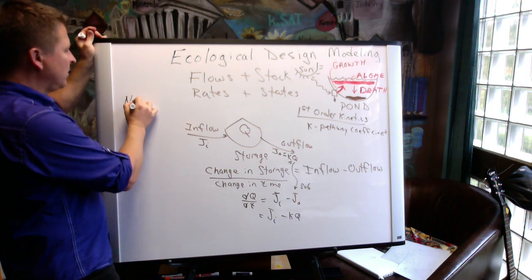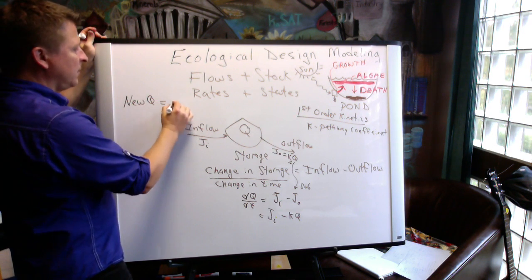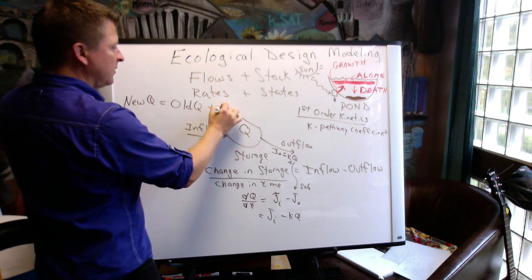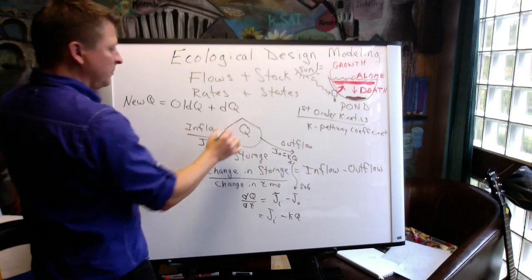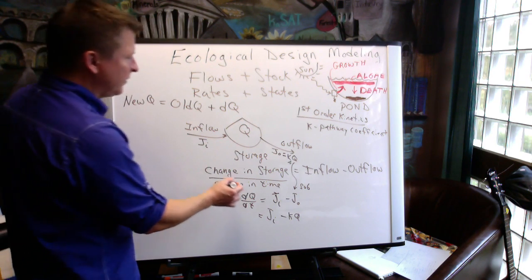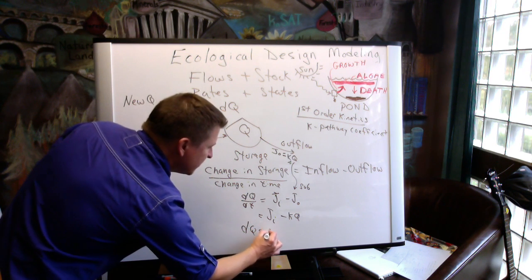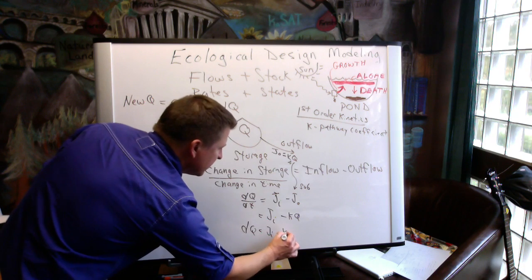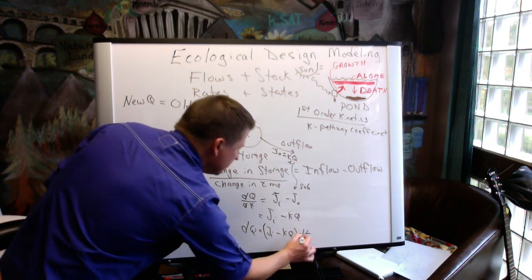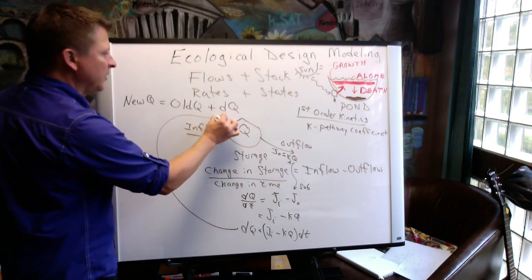So the new Q equals old Q plus the change in Q. And this we could solve here. dQ equals J_I minus KQ, and we need to multiply all that times dt. And this becomes what we substitute in this equation.